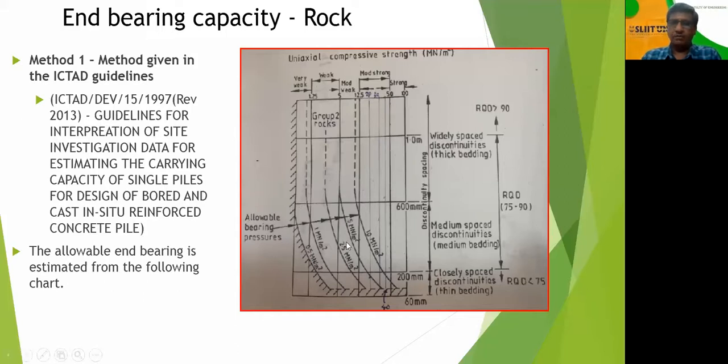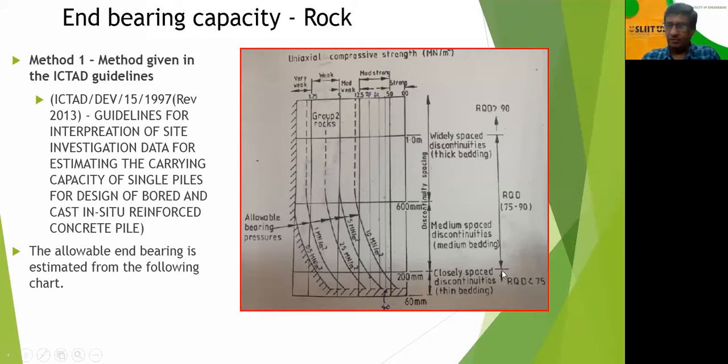Now if you look at this chart, there are a few problems here. One is that this axis is actually the RQD, or the fracture spacing, right? The value given here is about 75%.